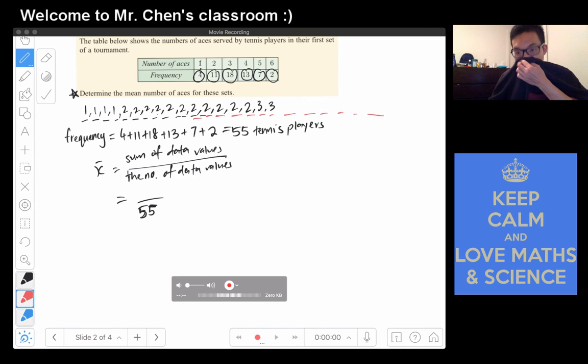But in tables, there's actually one easy way to do it. You just need to multiply these together and add each of them together. So 1 times 4 is 4, 2 times 11 is 22, 3 times 18 is 54, 4 times 13 is 52, 5 times 7 is 35, and 6 times 2 is 12.